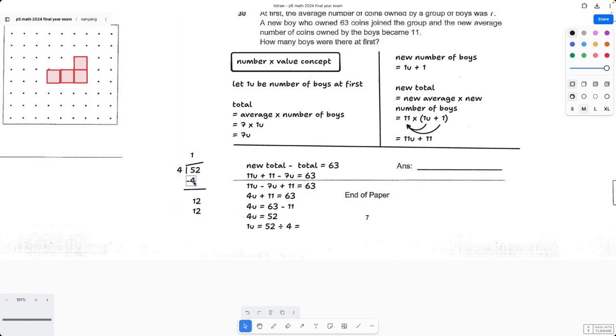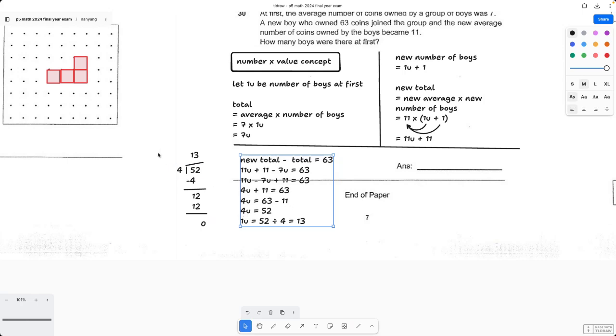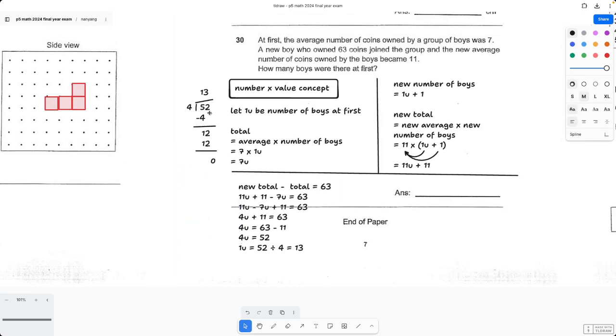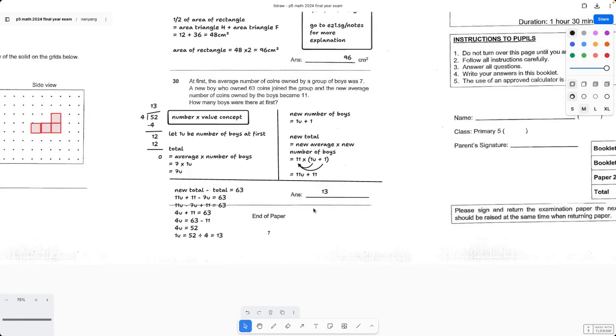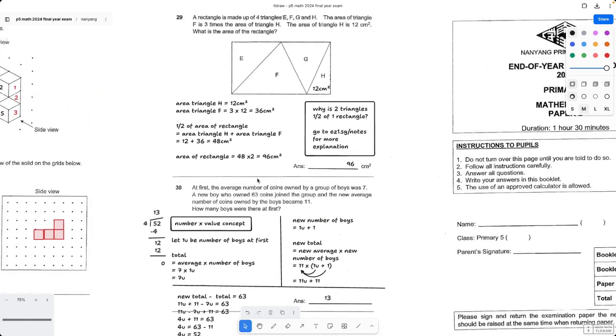Wait, 5 minus 4 is 1, 12 is 3, 13. Yeah, correct. So 3 times 4 is 12, and this will give us 0. In this case, 13. All right, so that's it. So the answer to this is 13. How many boys? 13. Right, so that's about it.